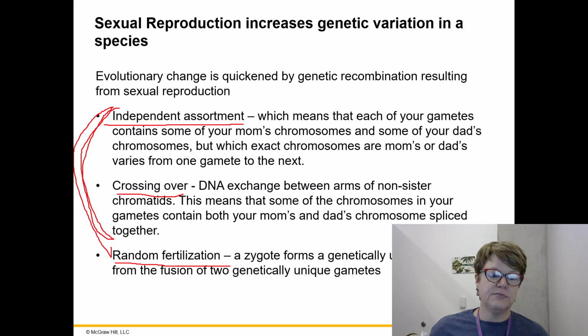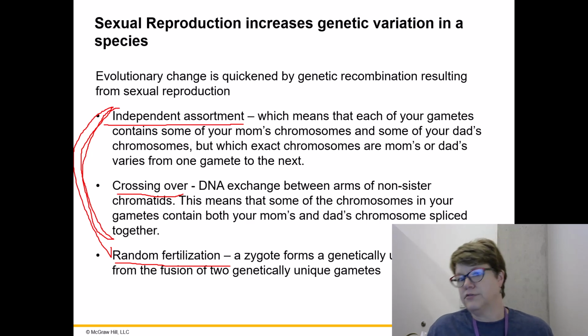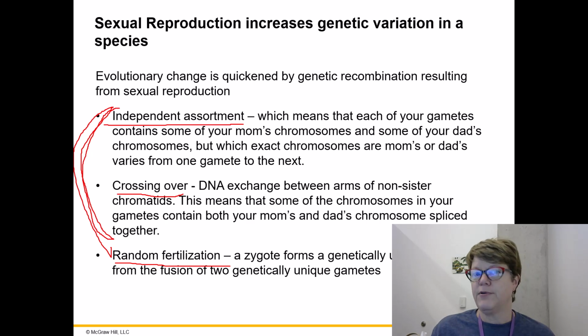So it is possible for you to pass more of your mom's or dad's chromosomes to your child. And then a different child could get something completely different. That's perfectly possible within the context of meiosis. Now, all of your children will get a set of chromosomes from you, but to what extent they are also your mom's or your dad's is variable.